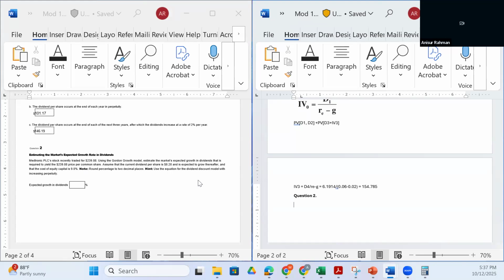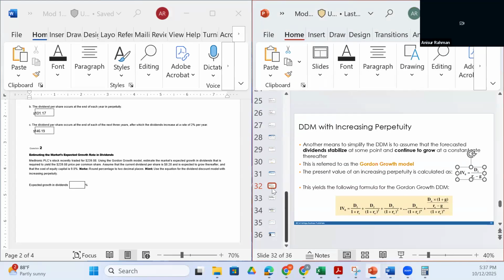Okay. So Gordon growth model, what is Gordon growth model? So Gordon growth model is just another name for DDM, dividend discount model with increasing perpetuity. So cash flows are increasing and they're coming forever. And this is the formula. Now, if we use this formula, we can find intrinsic value. But one is intrinsic value, another is market price, right?